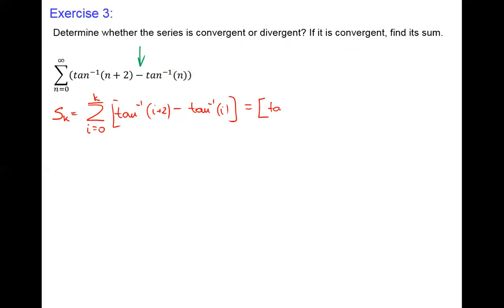I can maybe write it, inverse tangent of, if i is 0, this will be 2, and if i is 0, it's just 0. Then if i is 1, this will be 1 plus 2, 3, minus inverse tangent at 1. Okay.